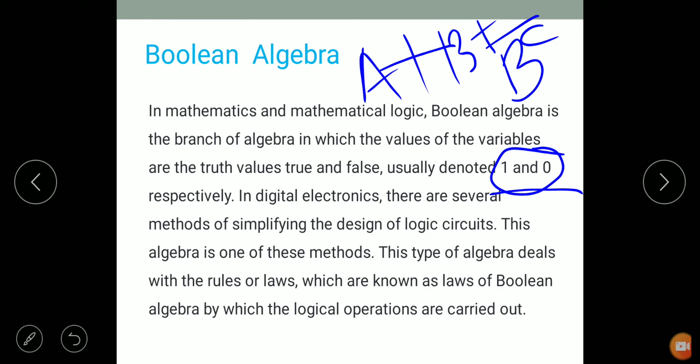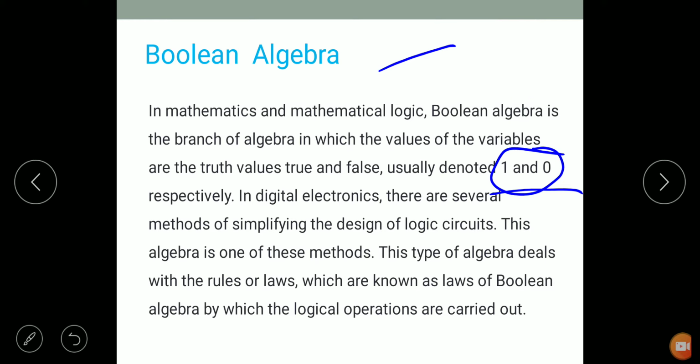Logical ANDing of two or more variables is represented by writing a dot.